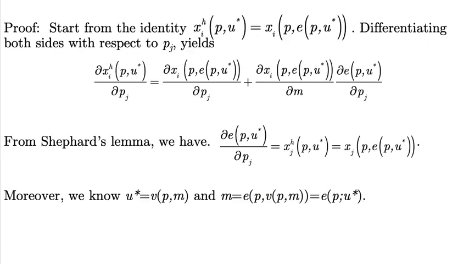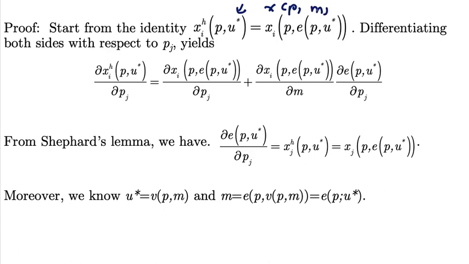We start from the identity. We already know this: the Hicksian demand function when utility is at the optimal level is equivalent to the Marshallian demand function for given prices and expenditure when utility is at the optimal level. So it is actually M. Why do we call this?